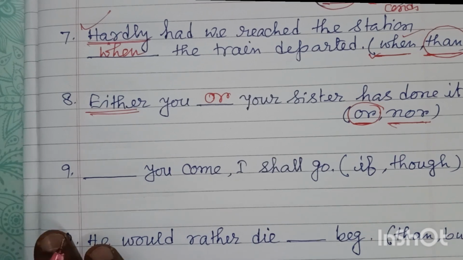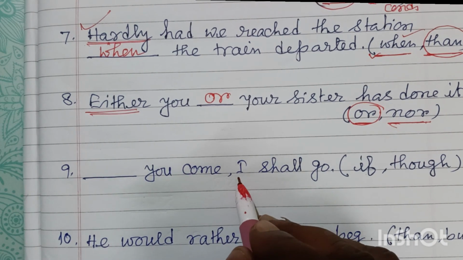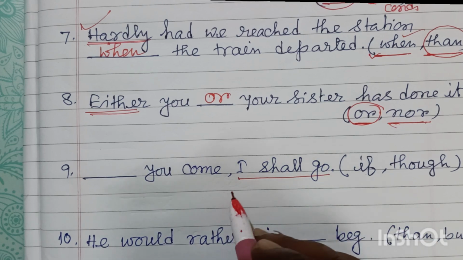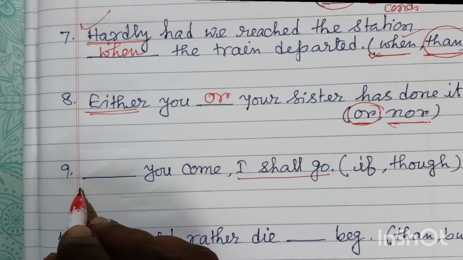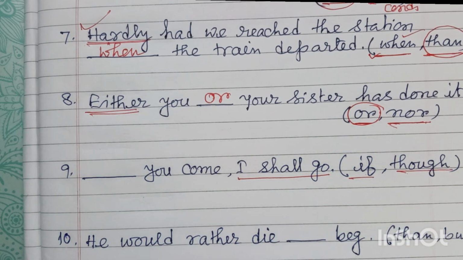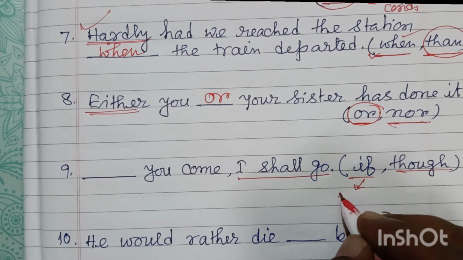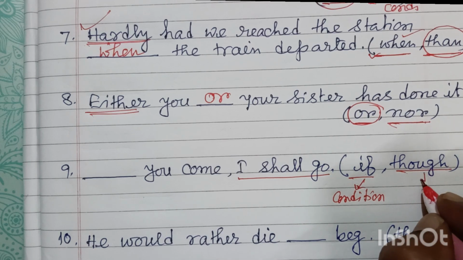In question number 9: blank you came, I shall go. "I shall go" is the principal part. So here we have to choose the subordinate part, and you can see "though" and "if." Two options are there. "If" is used for condition, and "though" is used for contrast.